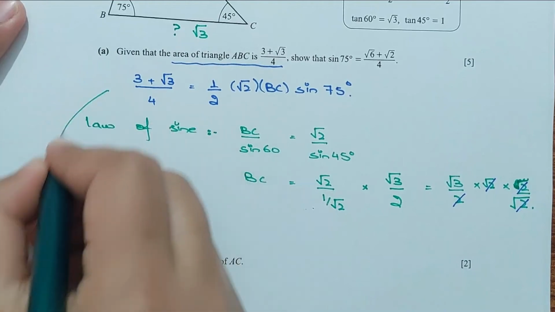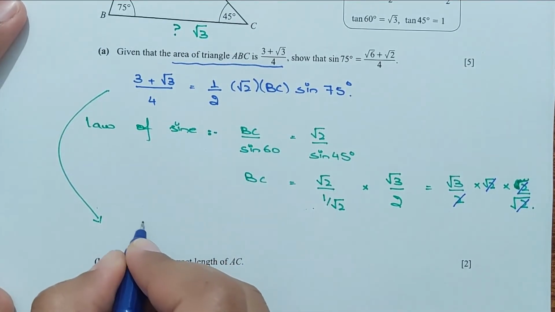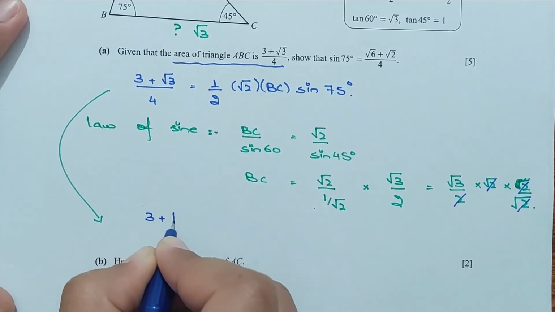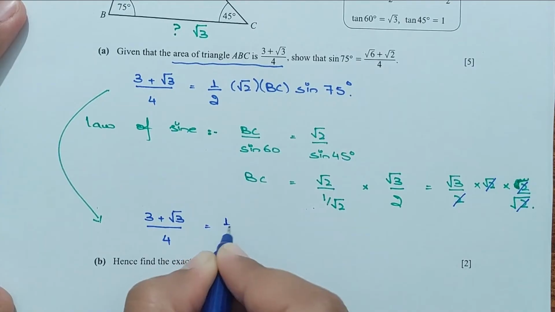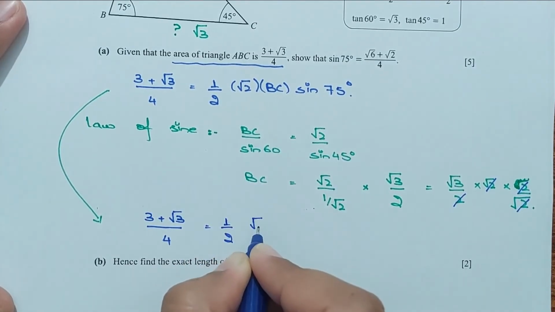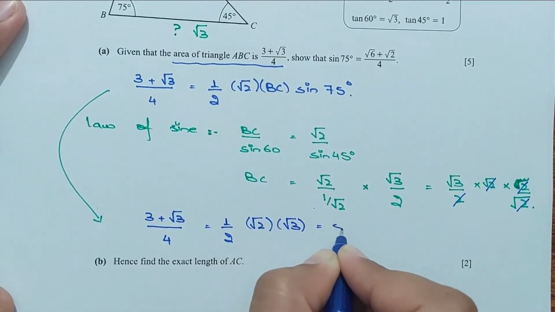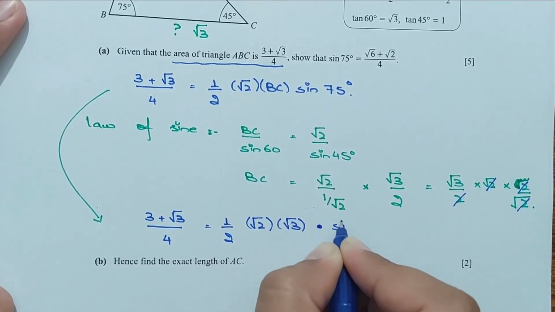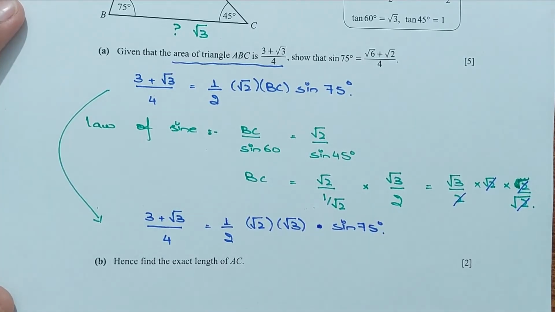Now let me plug this into that formula and simplify. So we can say 3 plus square root of 3 over 4 equals to 1 by 2 root 2 root 3 times sine 75 degrees. We have to solve for sine 75, right?